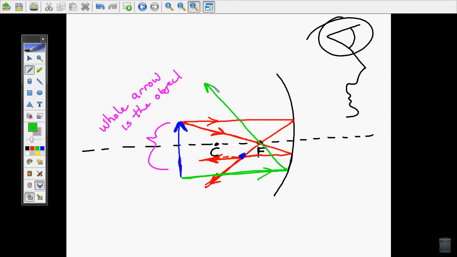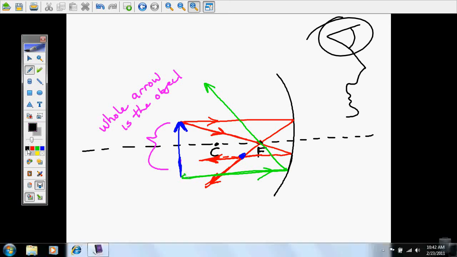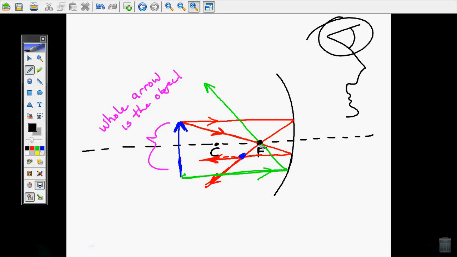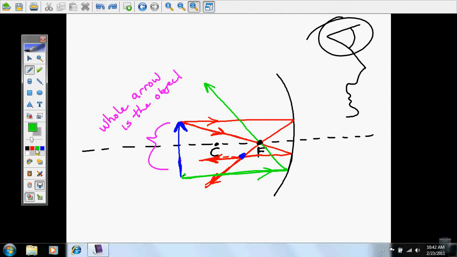A second light ray. Second light ray going through the focal point. Remember, there's the focal point right there. Whoopsie. Back to green.